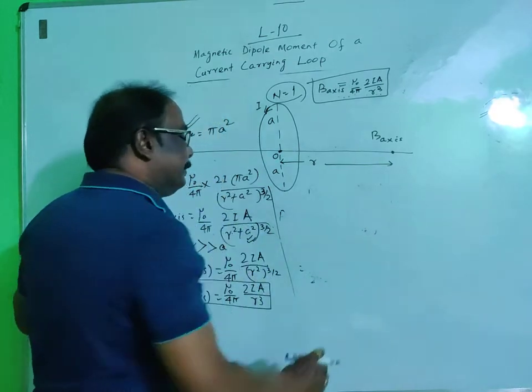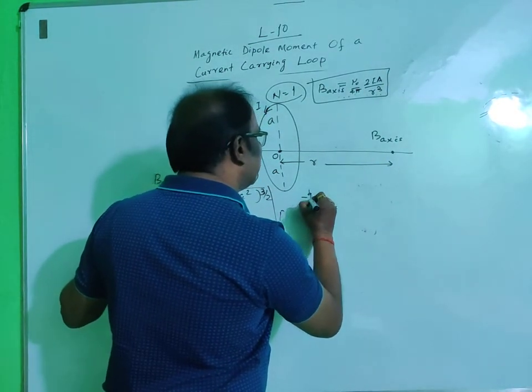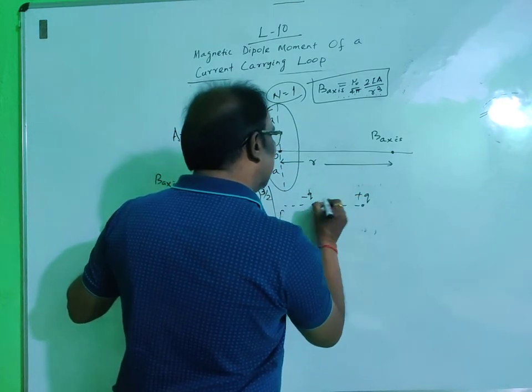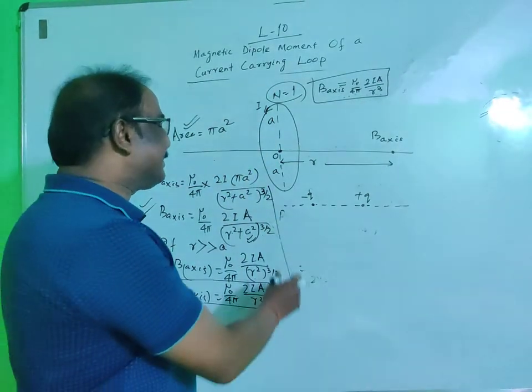See, suppose I am taking an electric dipole. This is minus q, this is plus q, this is the axial line. We have discussed this.